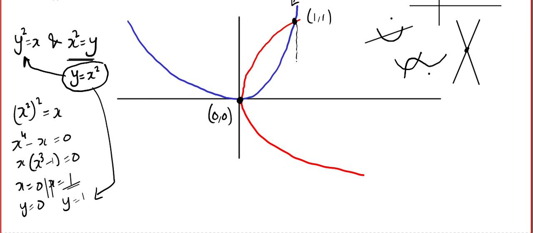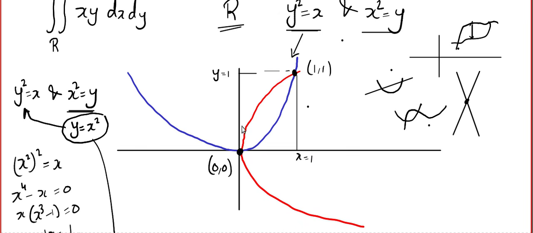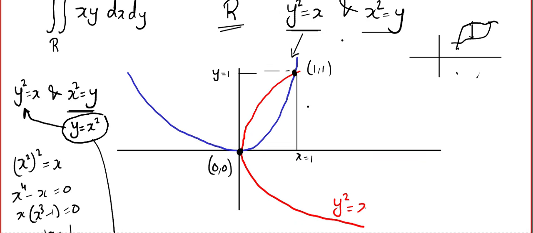Now I'm going to mark like this. I'm going to mark x is equal to 1 and here y is equal to 1. Now I have a clear picture, and let's increase the clarity by writing the equations. So as I mentioned before, the red color parabola is y square is equal to x.